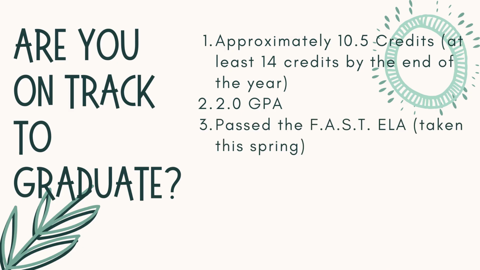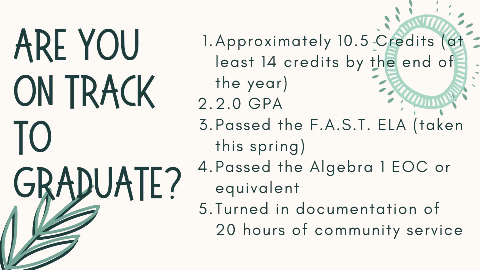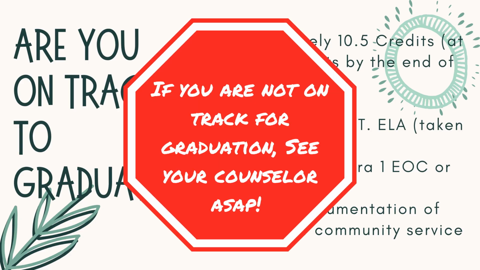On track to pass the FAST ELA, which will be taken this spring. Passed the Algebra EO1 or an equivalent. And 20 hours of community service documented in SIS. If you are missing any of these, you are not considered to be on track for graduation. You should make a plan when you meet with your school counselor.